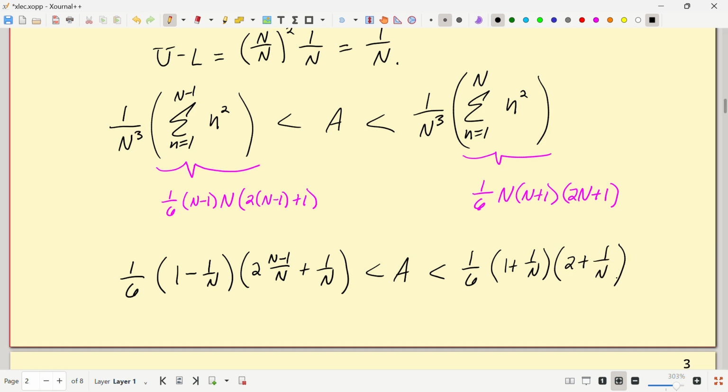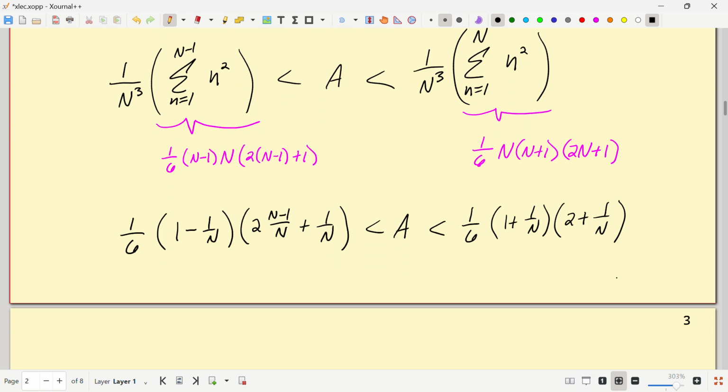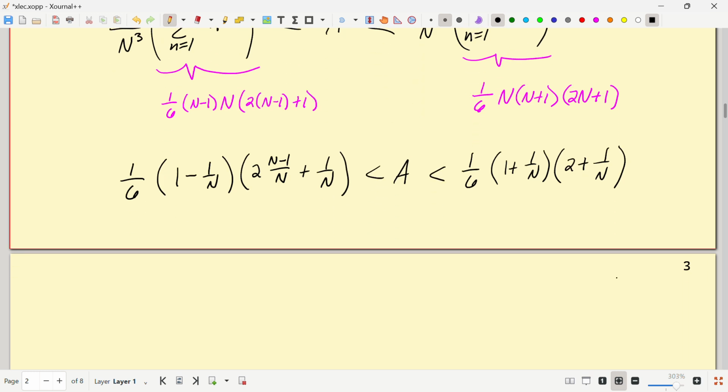And it's very easy to see that both sides tend to 1/3. So let n go to infinity.